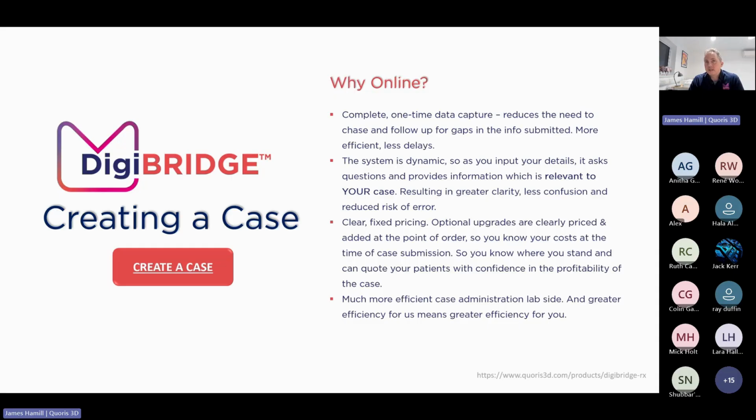And overall, this creates a much more efficient administration, because as the digital side of dentistry has increased, so has the administration side within a lab. And this is often unseen by dental practices. I get it. Not that many dentists visit labs and see what goes on or understand it.